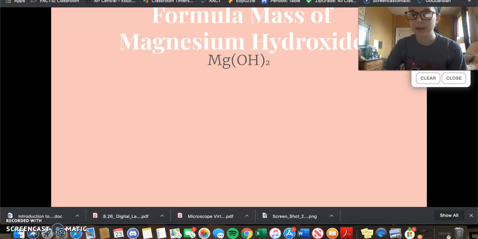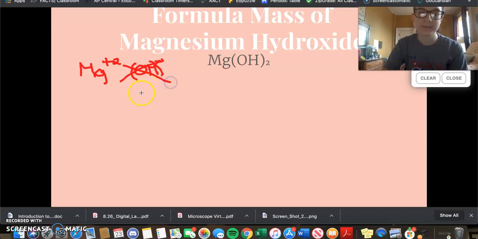There's one way that I like to show this, and that's by writing our ions. I'm not the best at writing on a computer, sorry. Mg +2, and then we have our OH -1, and this stays together as a unit. To balance out charges, I like to do a simple crisscross method.